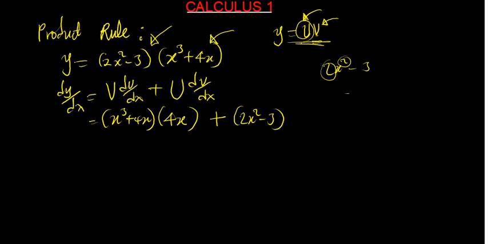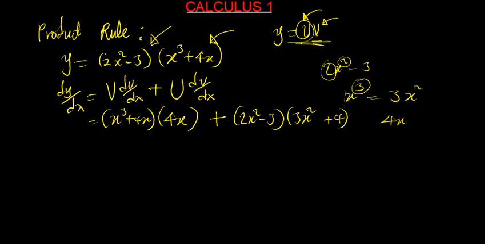If we differentiate x power 3, we are going to multiply first the power by what is in front. Yes, it's 3x to the power 2. And then if we differentiate 4x, what do we get? 4, right?